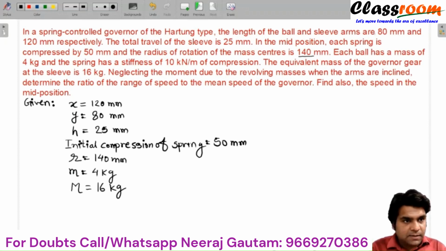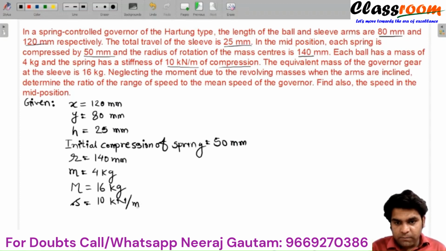Consider the initial compression and the stiffness of the spring, small s, which is given as 10 kN per meter.